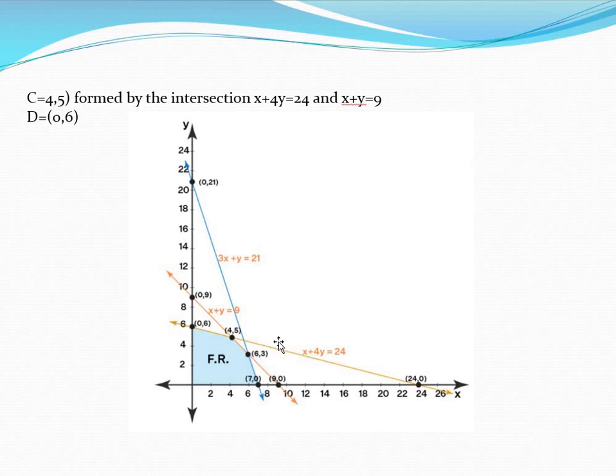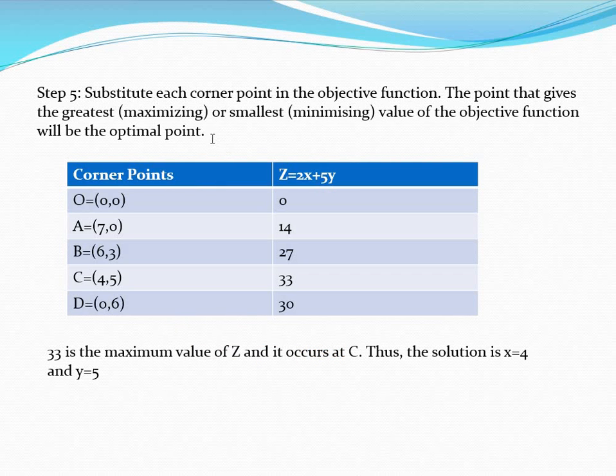After solving all these linear equations, we will get the intersection points, designated here: 0, 6, 4, 5, 6, 3 and 7, 0. The boundary of these points, in this area all the conditions will be satisfied, and this area is called the feasible area. Step 5, substitute each corner point in the objective function.